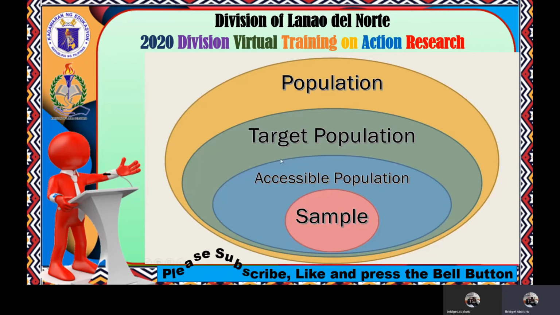Next is accessible population. Accessible population refers to the population within the accessible reach of the researcher. For example, since our target population are the learners who are classified as non-readers in the Department of Education, our accessible population here are the non-readers of the Division of Lanao del Norte, because they are within our reach.